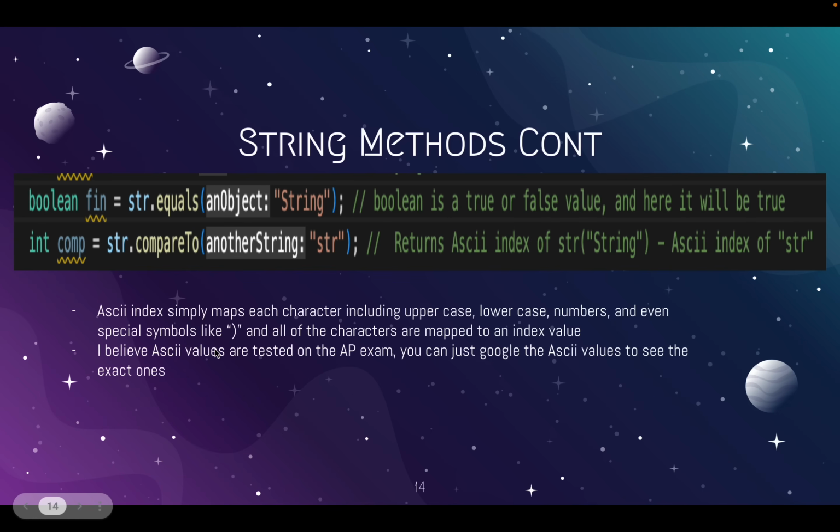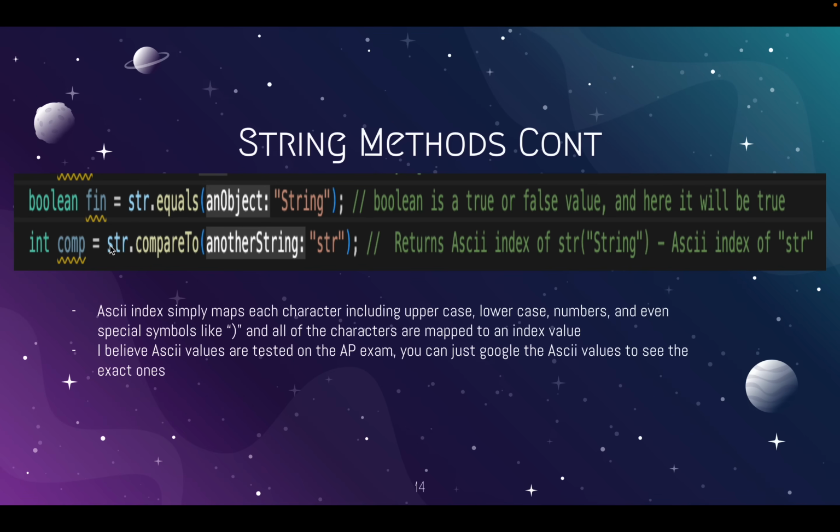And the compareTo method, essentially what it does, it returns the ASCII index of string minus the ASCII index of str here. So what is ASCII? ASCII is essentially, Java has the system where it assigns numbers to every single character there is.